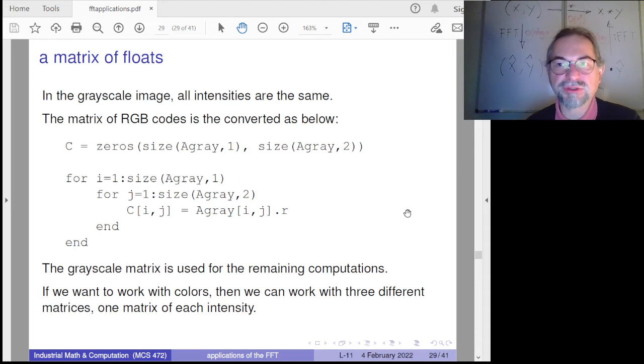By the way, when I installed the images package, the package quaternions also was installed. There is a way to work with RGB numbers more directly when working with the quaternions. So in some sense, we are in the FFT world where everything is naturally complex, but there is also the extension to the complex numbers, the quaternions.